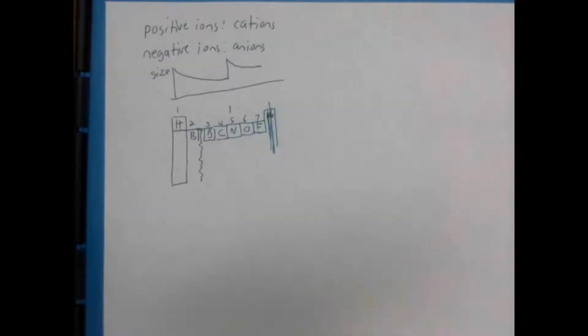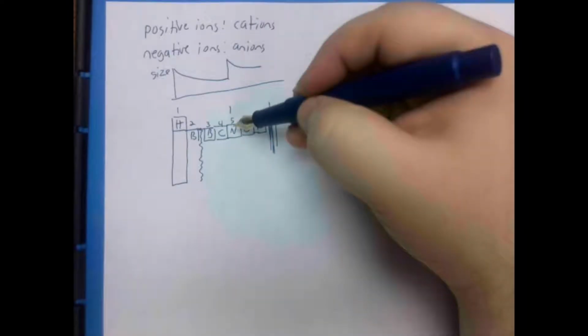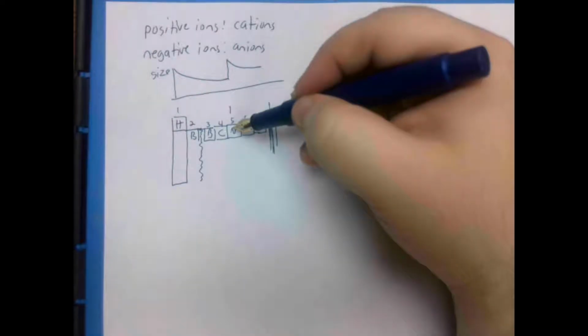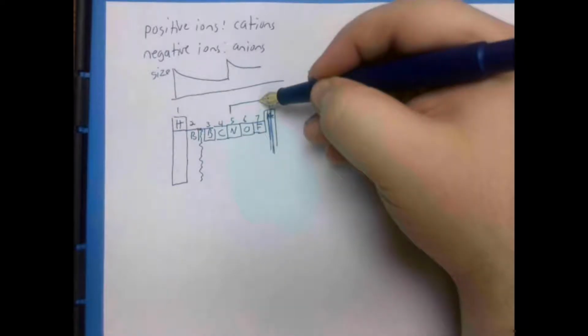So basically, as we go to the right, there should always be a decrease, except when we transition to the negative ones. So 5 to 7 is negative, and 1 to 3 is positive.